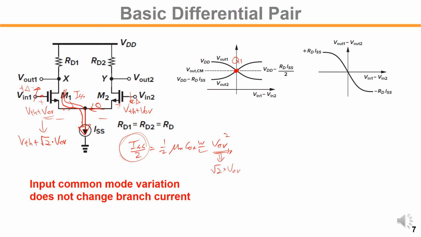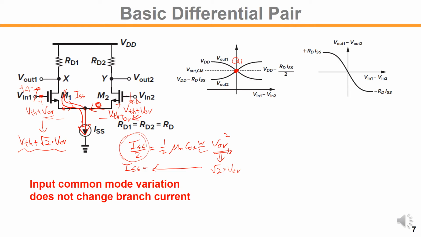Then that will lead us to the ISS current, right? So the voltage between gate and source on the left will be this much, and on the right hand side the current through M2 must be zero, meaning the overdrive is zero. So VTH plus 0 volts will be set up.